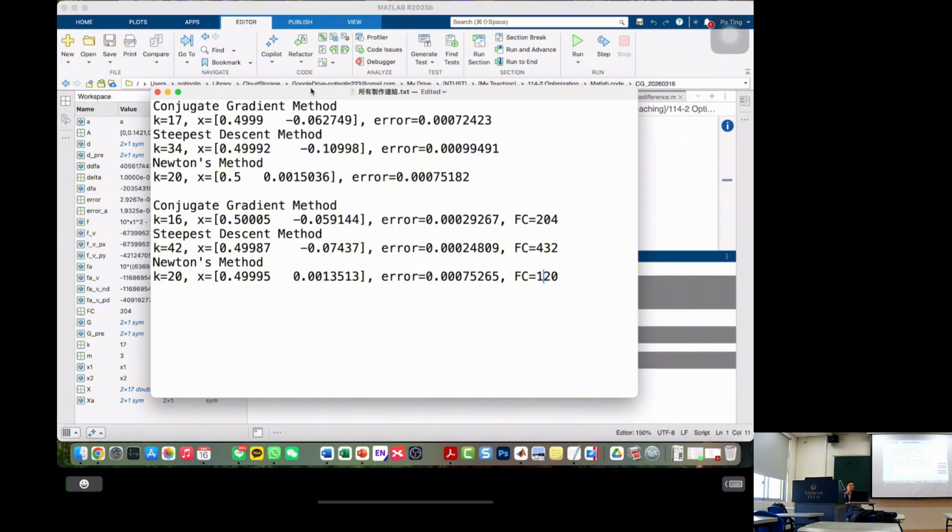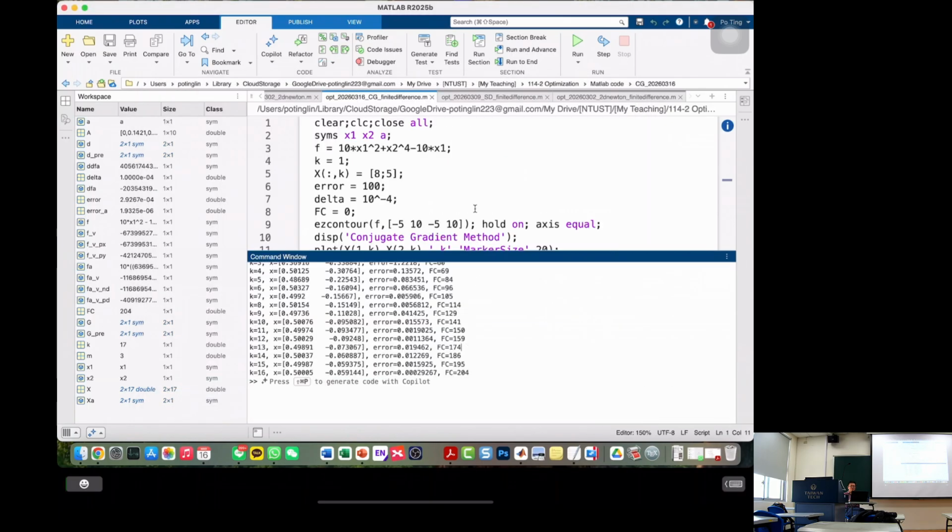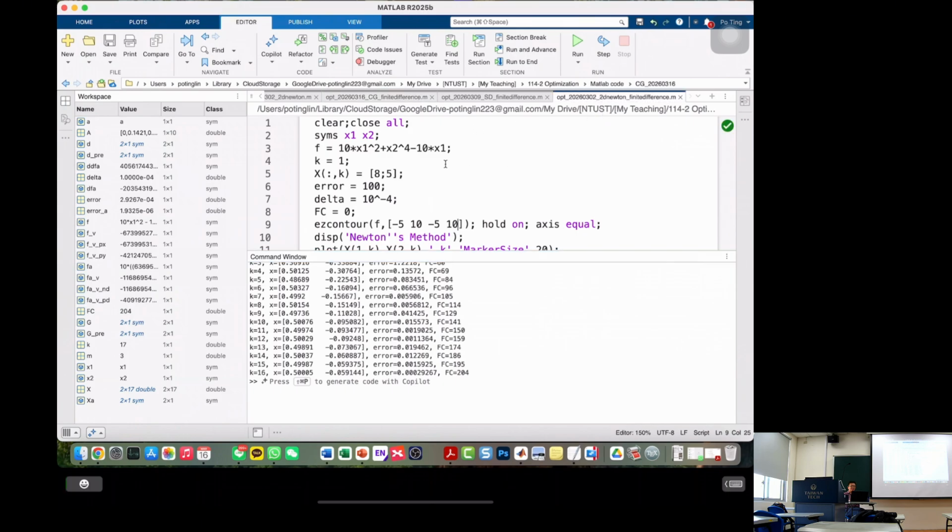Can you add a timing profile to see the real CPU time it takes? CPU time, sure. It's gonna be very short. So let's say Newton's method.